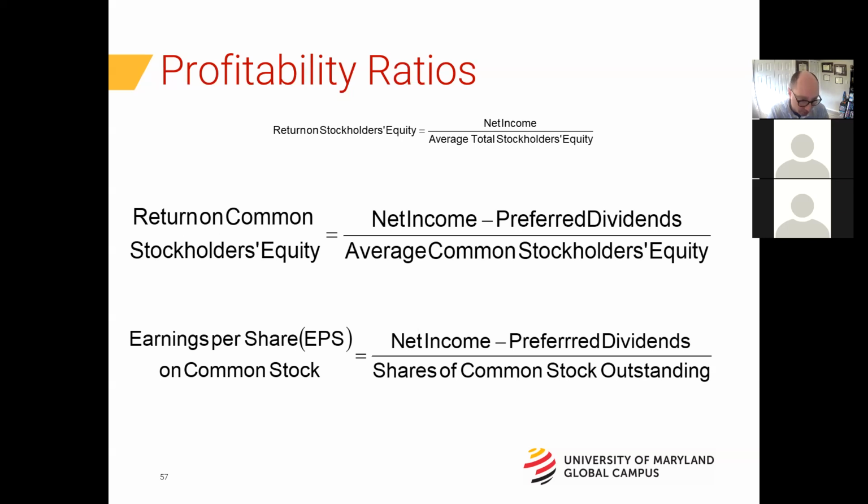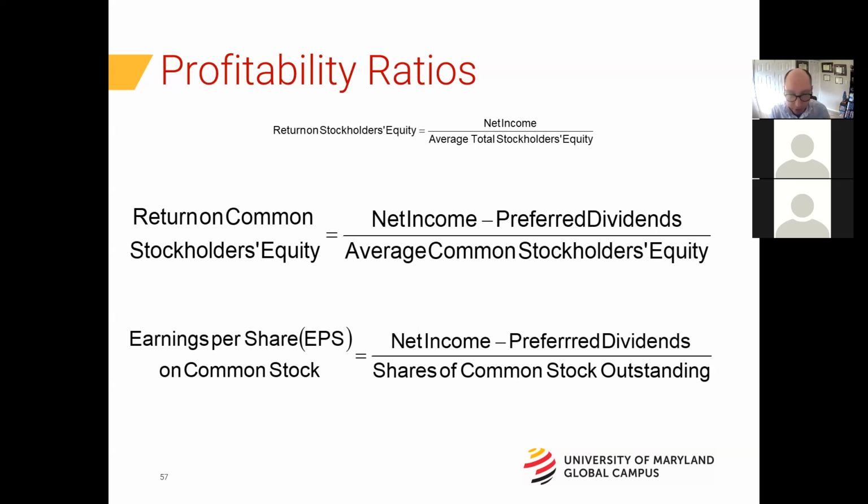As most of you know, and we did talk a little bit about this last week, there are two types of shareholders: preferred shareholders and common stock shareholders. Preferred shares are stocks that are typically held by the board of directors and the employees of the company, and they do not hold voting rights, right?